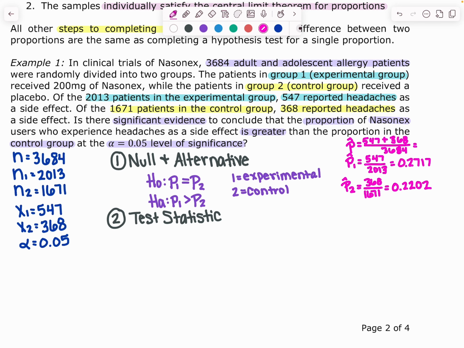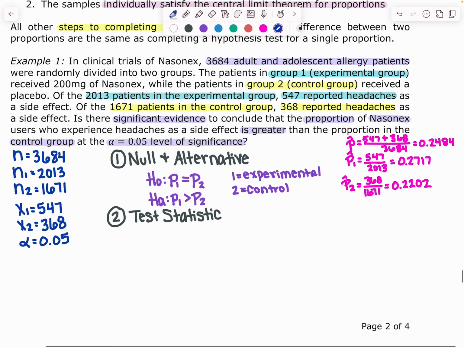So that's 915 over 3684. So that's 0.2484. So overall, this is the proportion of both groups that reported headaches.